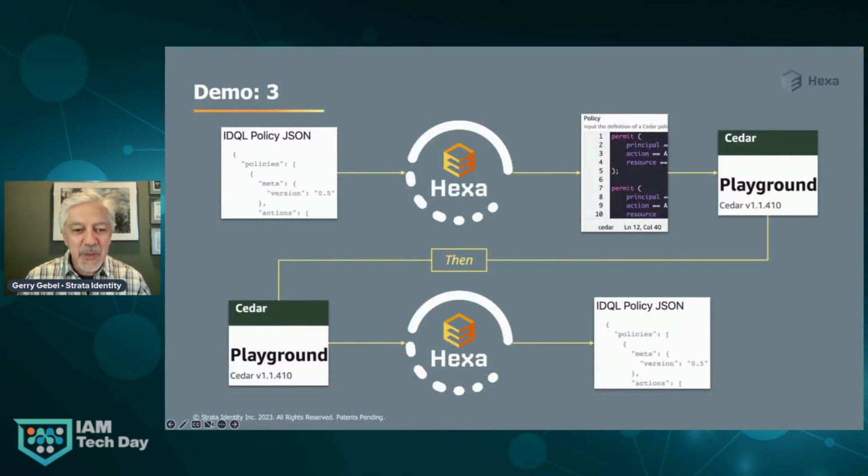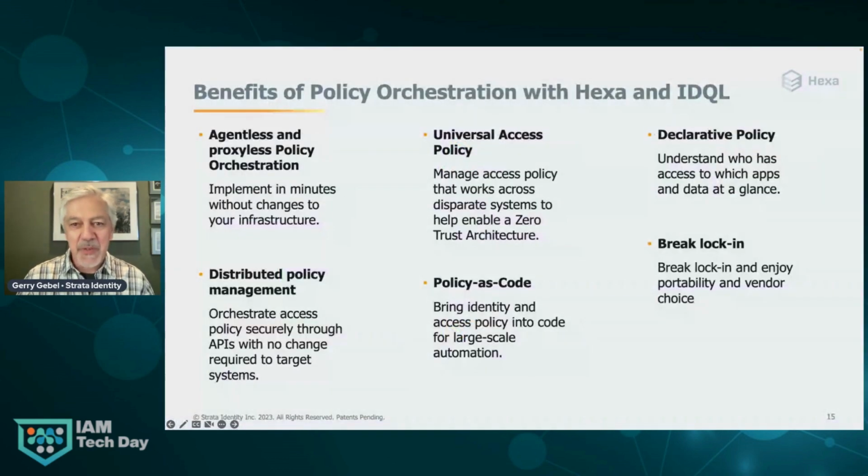All right, so hopefully you've enjoyed the information so far and the demos that I showed you. What I wanted to then summarize by just mentioning some of the benefits of using policy orchestration with HEXA and with the IDQL format. So we're able to connect to these targeted systems just by public APIs. So it's easy to build these integrations.